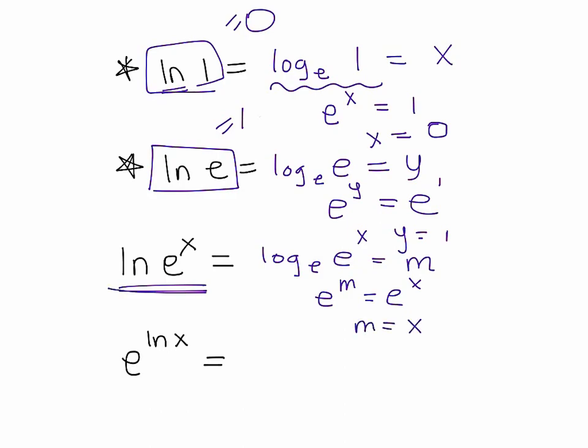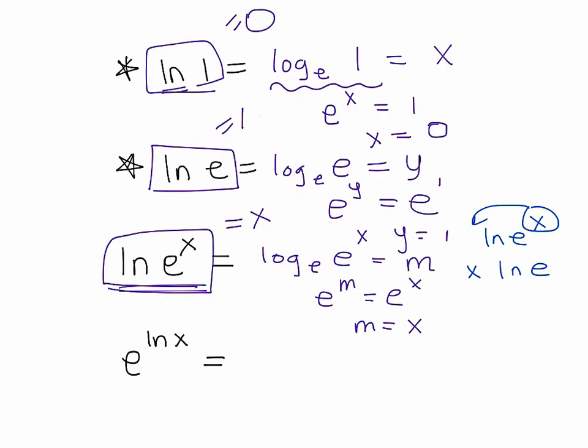So ln of e to the x is equal to x. Another way to look at this one: using the laws of logs, we can pull out the x in the front. So x ln of e, but we already know that ln of e is equal to 1, so this must be just x.